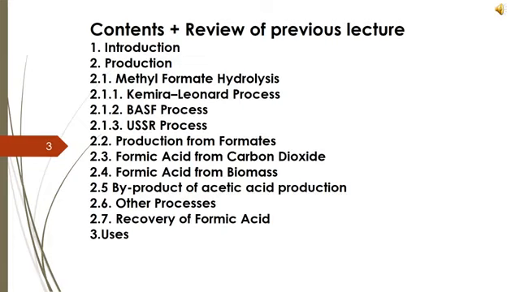Methyl formate is drawn off as a distillate from reactor B. Like A is the methyl formate reactor, B is the methyl formate column. You just draw methyl formate from that column B.